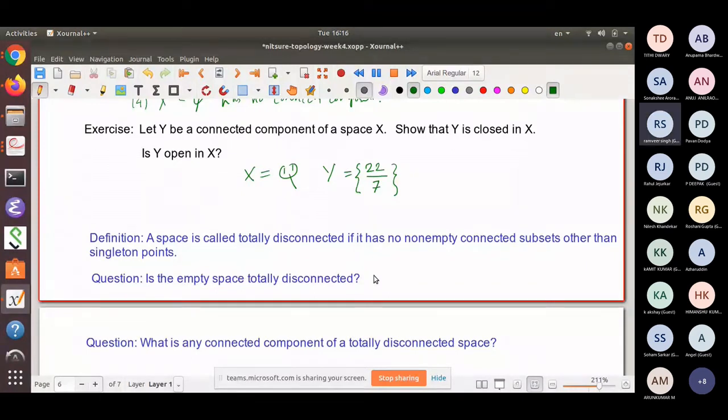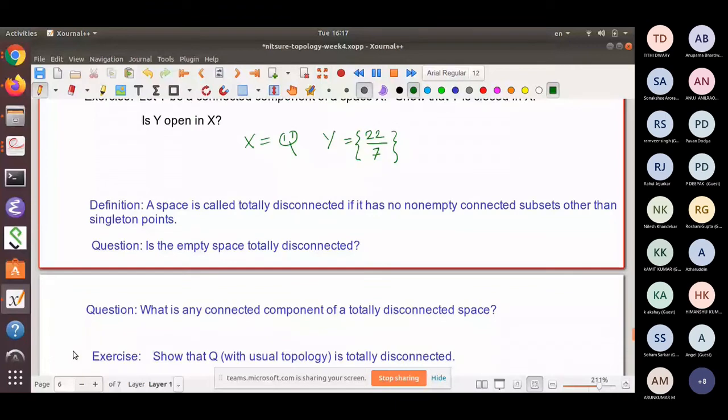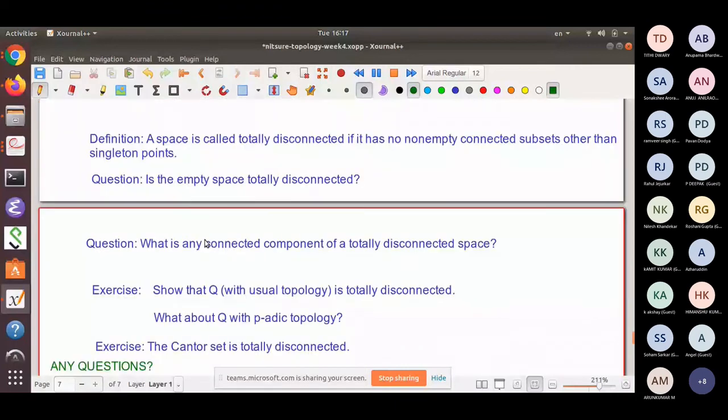What other spaces are like this, both connected and totally disconnected? Singleton. Correct. Those are the only ones, empty and singleton, nothing else. Now, question: what is any connected component of a totally disconnected space? Singleton, correct, obviously, the way it is defined.